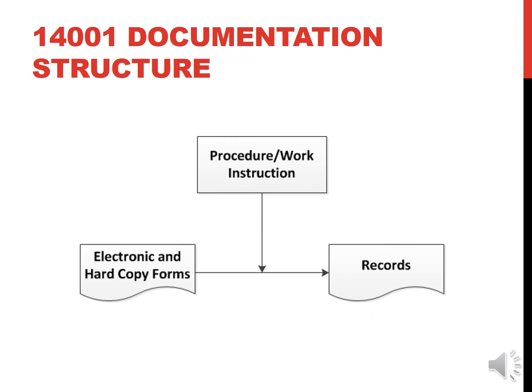So this is the relationship between these three forms of documents. There's your procedure, which states how to do something. There's the form, which is a device for capturing information about how something was done. And once that information is captured, it turns into a record. So this helps you to organize your thoughts about how documents function in an organization according to the ISO framework.